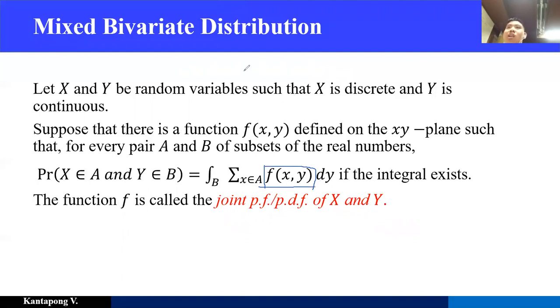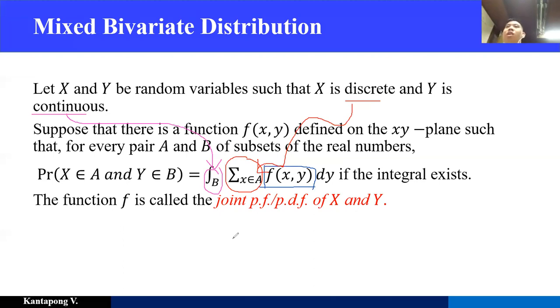And since x is discrete, discrete refers to the sum. And we know that y is continuous, that means you're going to take the integral. So it's just a mix between the sum and the integral.